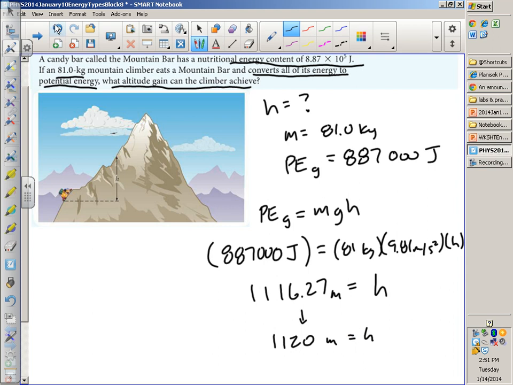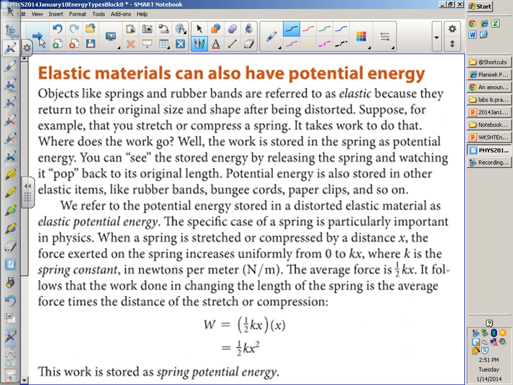The last kind of potential energy that we talk about comes from elastic materials. If we take an elastic material, like this rubber band, and we stretch it out, what is that elastic material trying to do? It's trying to go back to the way it started.